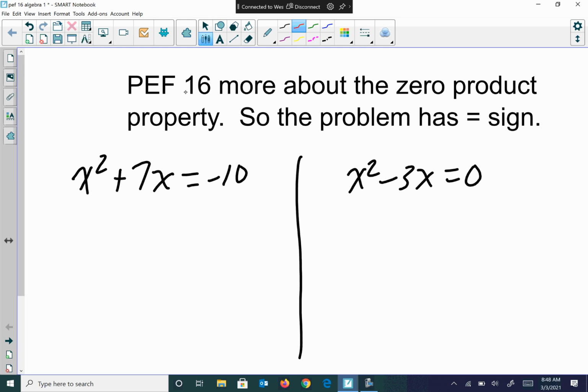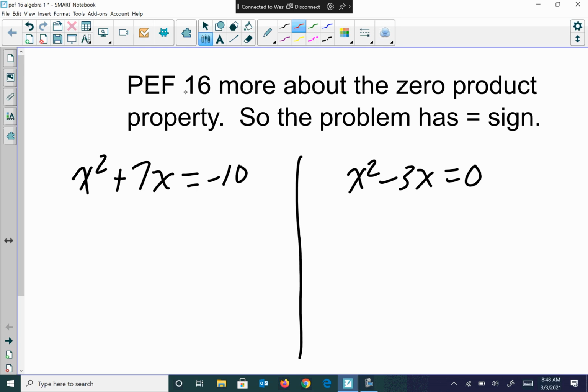You didn't get the notes? Were you here the other day? I have 13 and 15? Flip into it. It's a little bit further into the packet, about halfway in, maybe. It says PEF 16 at the top. Does that make sense? Okay, cool. Does everybody else have it? Can you find it? Good.